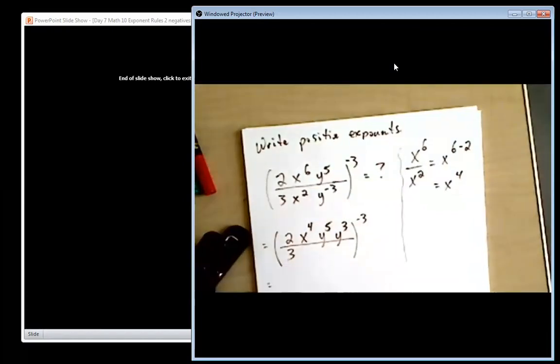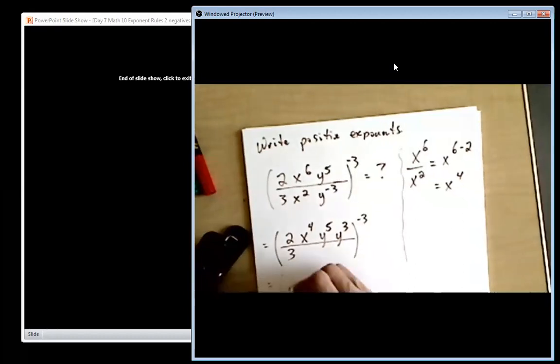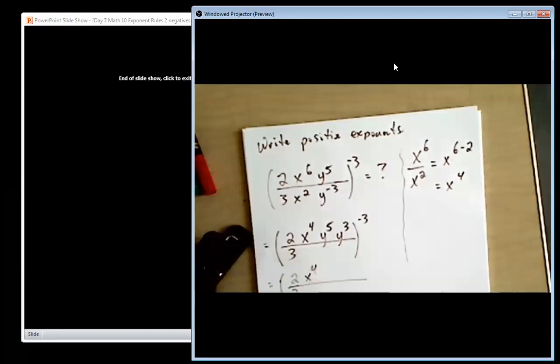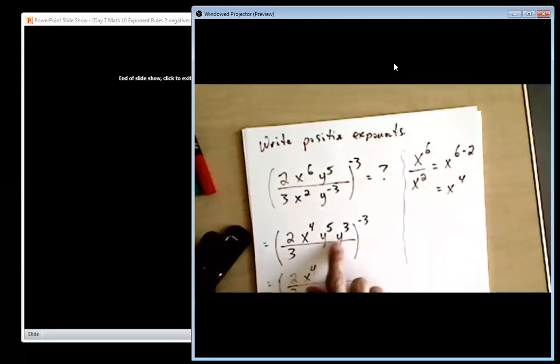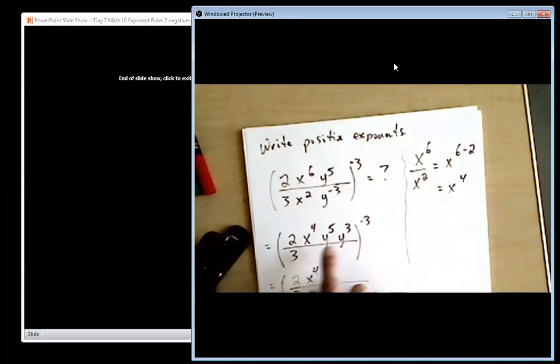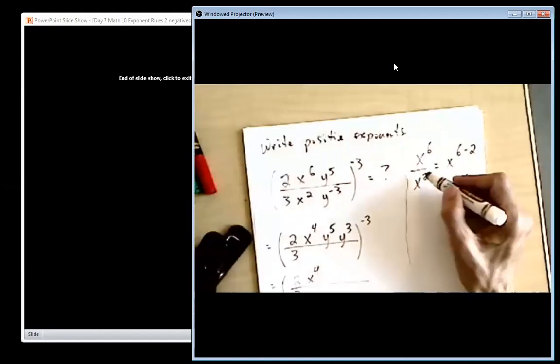Fantastic. Okay, so how many y's do we have now then? Goes all the way there. 4. 5 here, multiplied by 3 over there. So how many in total are being multiplied? You can do them all out if you like. Or the shortcut. When you divide, you subtract.